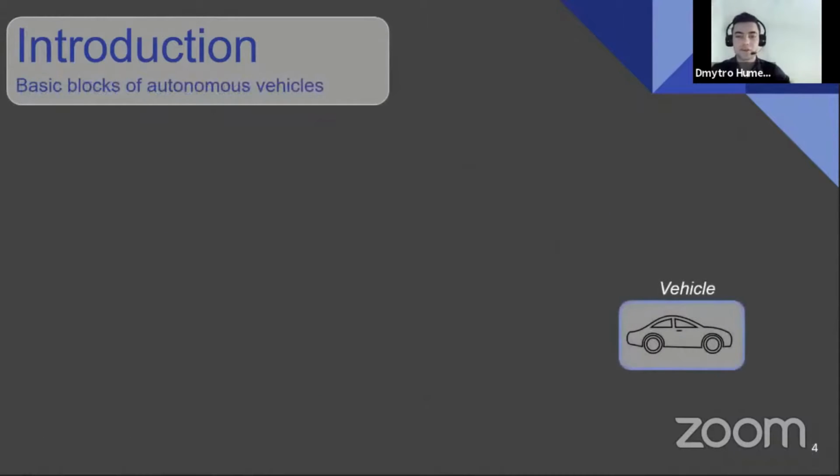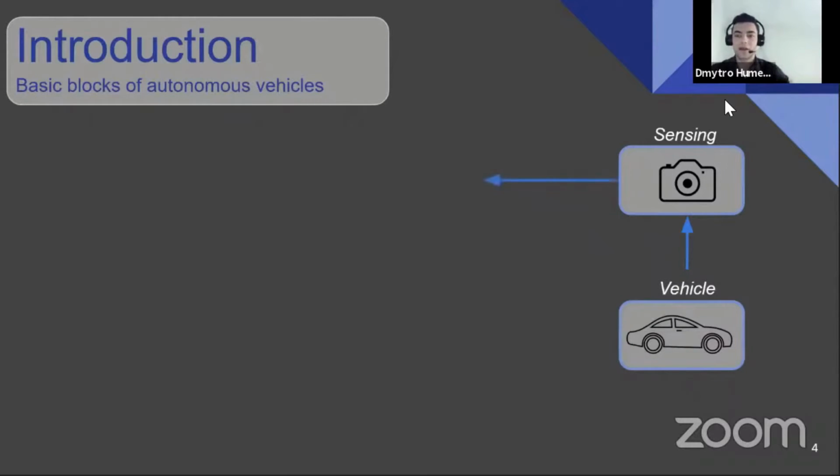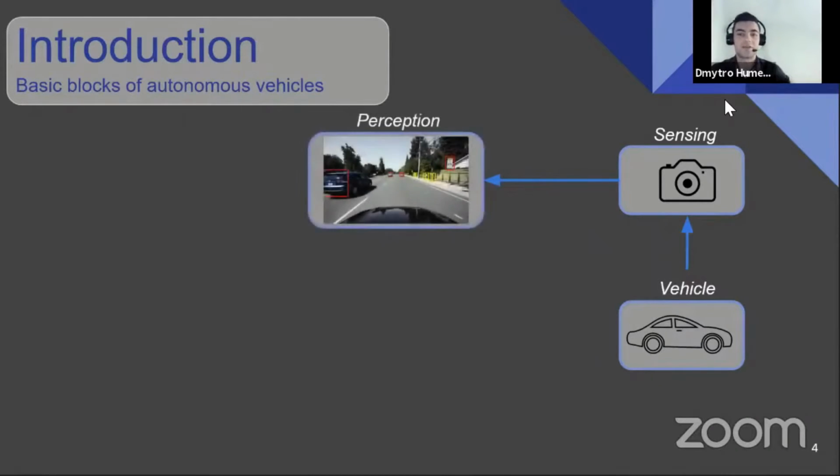And let's first see what are the building blocks of the autonomous vehicles and what tasks they need to perform. So we have the vehicle with a number of sensors attached, which most commonly are cameras and lidars. They are constantly sending a stream of information, and the first goal of the vehicle is to make sense of this information, understand what are the objects surrounding it, and what is their location.